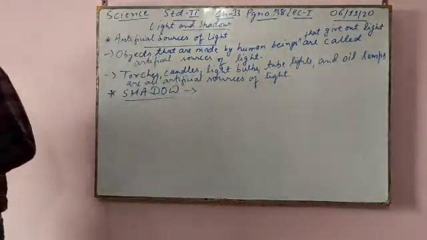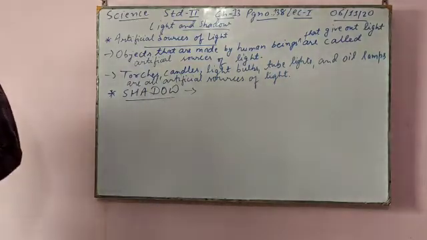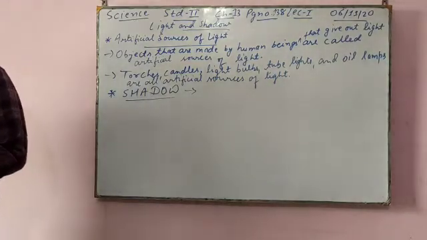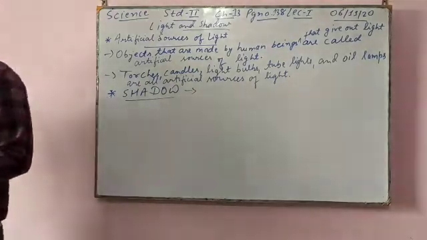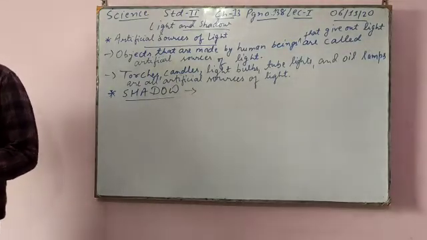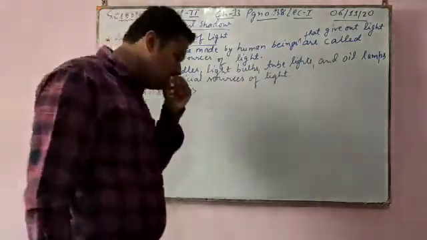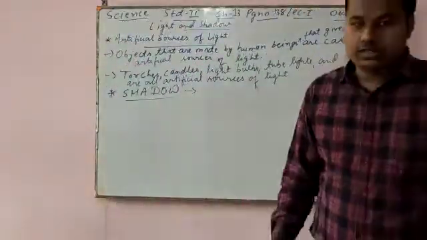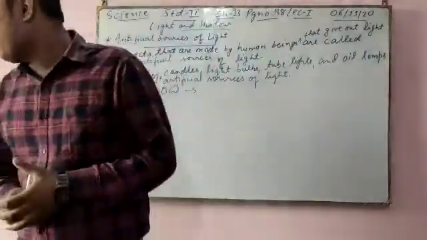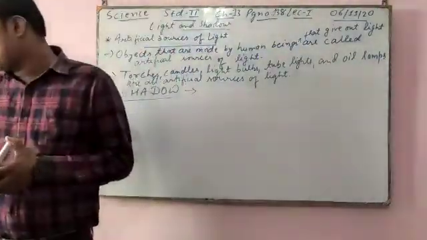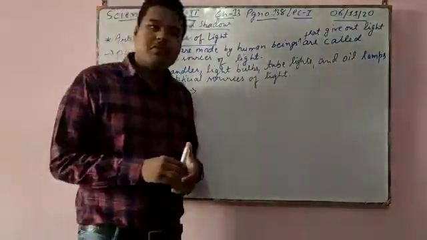So it is a sunny day, there is a boy. A shadow is a dark shape formed by an object when it comes in between a source of light and a surface.